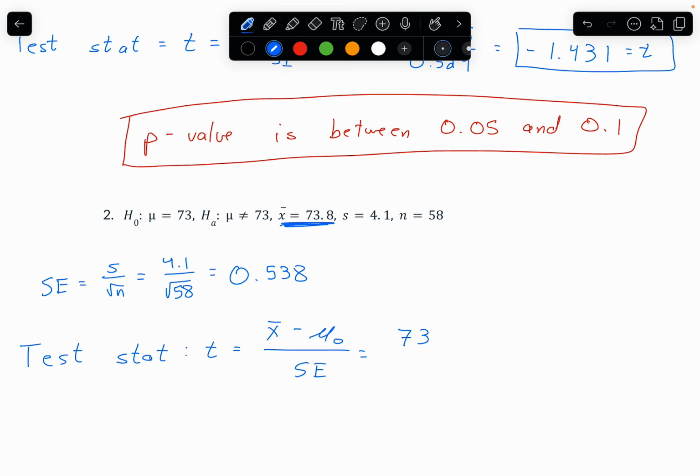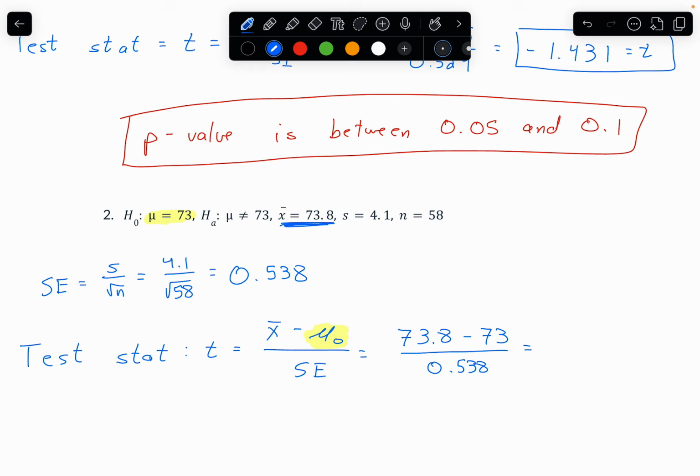So 73.8 minus my mu naught. That number is going to come from our null and alternative hypothesis. So remember, I'm looking at the null hypothesis. Here in this case, it says mu is equal to 73. So minus 73 for my mu naught divided by my standard error. We just calculated that as 0.538.